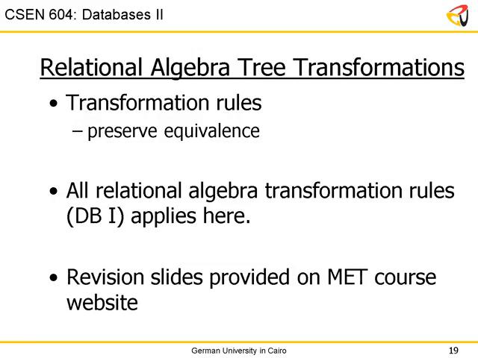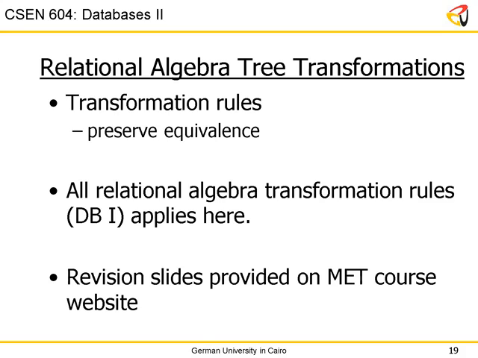Now, you might be wondering by now, how do we generate these trees? Given one relational algebra tree to start with, how do I end up with a number of relational algebra trees that will produce the same result, but are arranged differently in terms of the joins and the selections and so on. Here I would remind you of what you've learned in Database 1, specifically what's called equivalence rules in relational algebra.